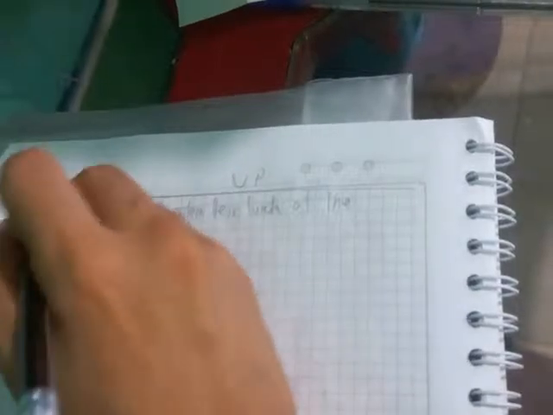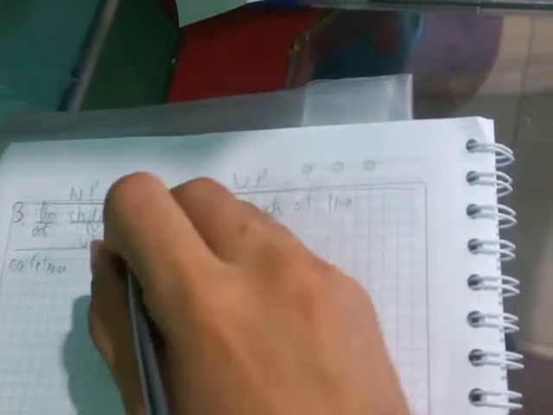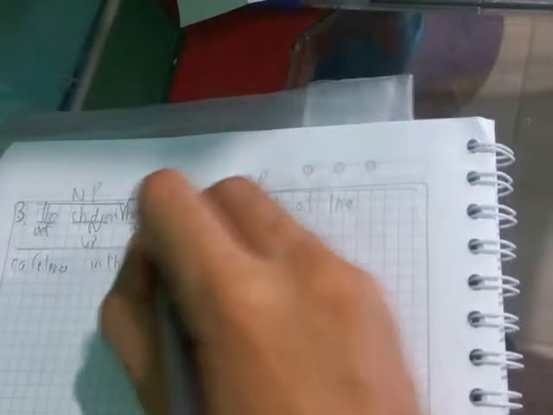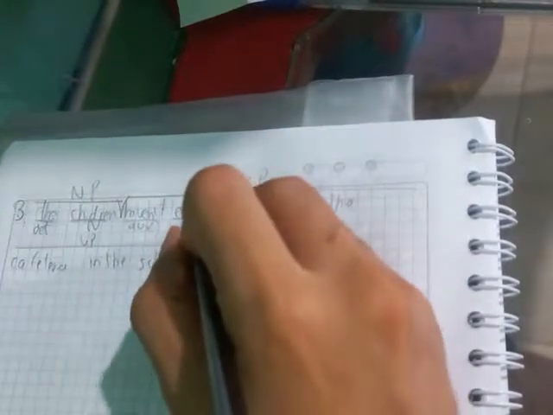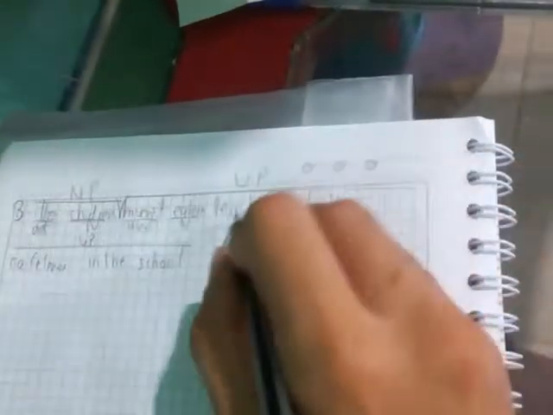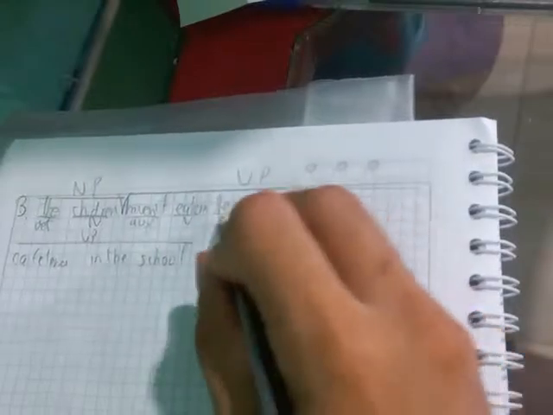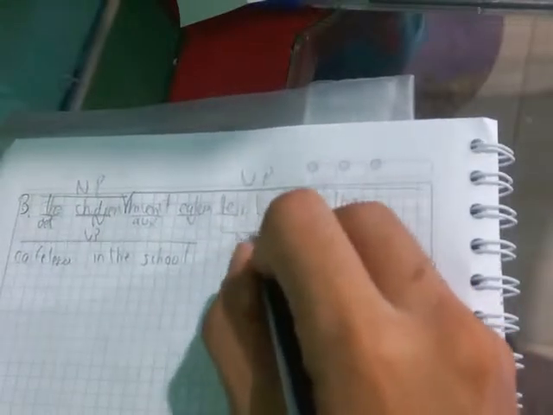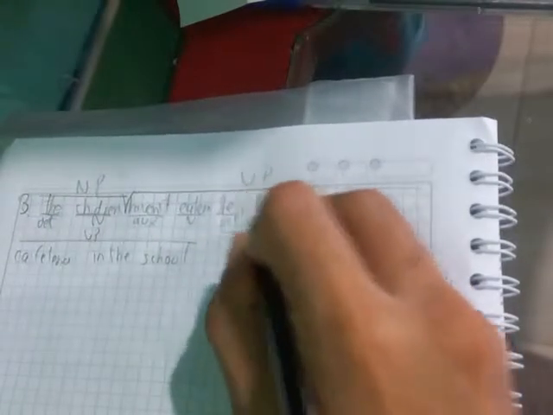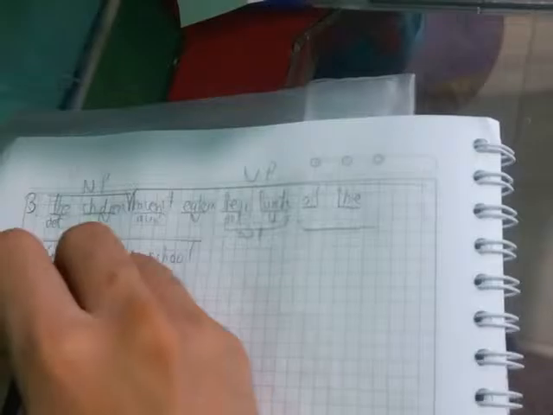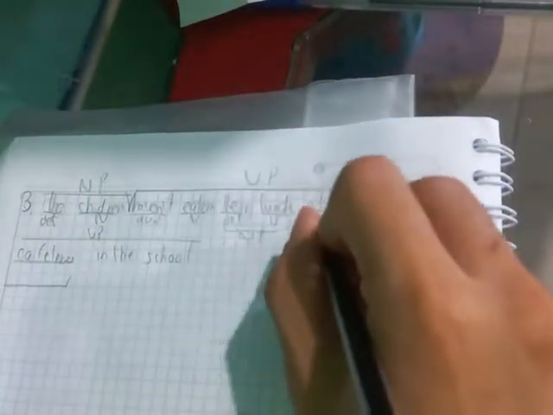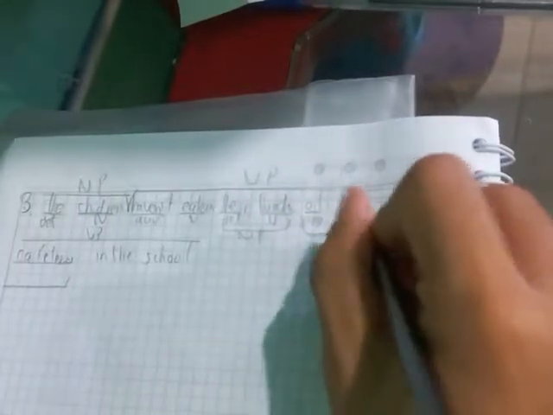Okay, the would be a determiner, children would be a noun, have, this would be an auxiliary, eaten would be a verb, their lunch, this would be a noun phrase with a determiner and a noun. At the cafeteria, this would be a prepositional phrase: preposition, determiner, and a noun.